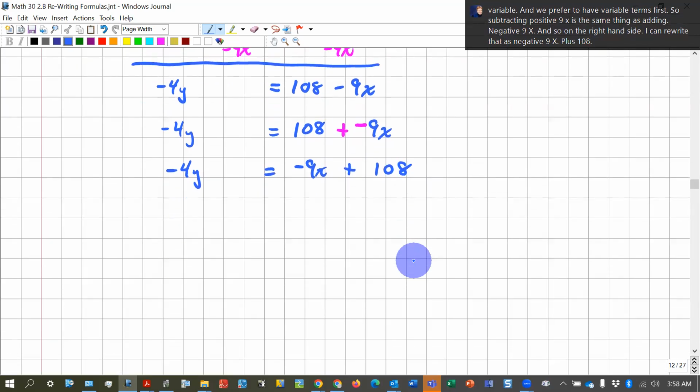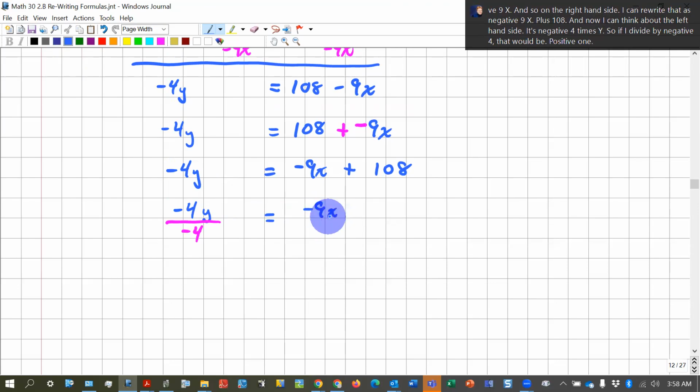And now I can think about the left-hand side. It's negative 4 times y. So if I divide by negative 4, that would be positive 1 times y. And so that's going to be just a positive y.